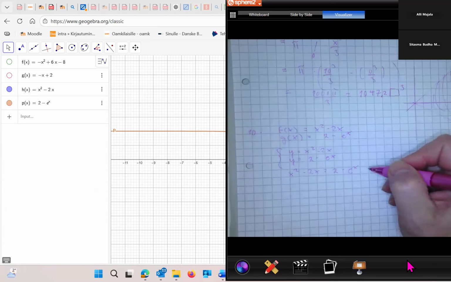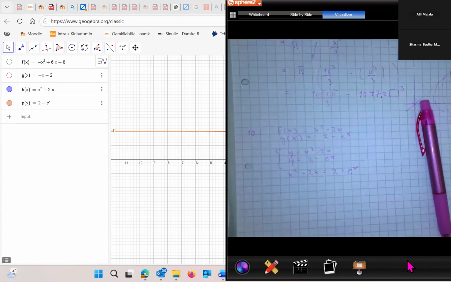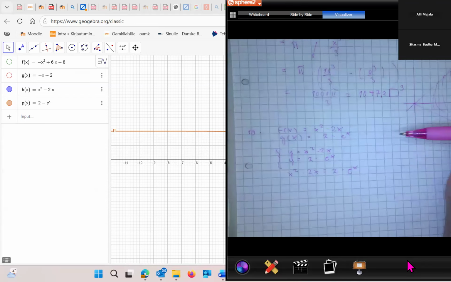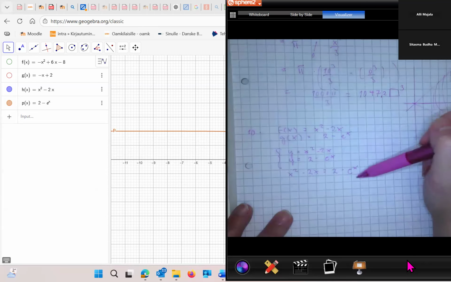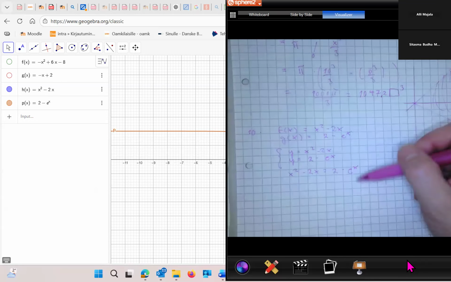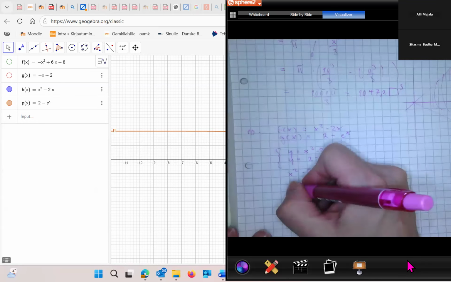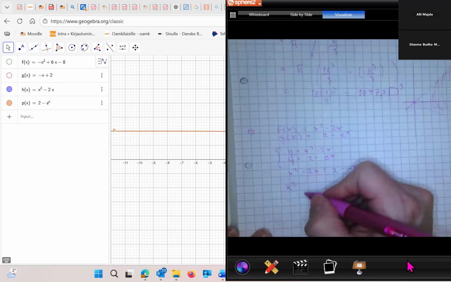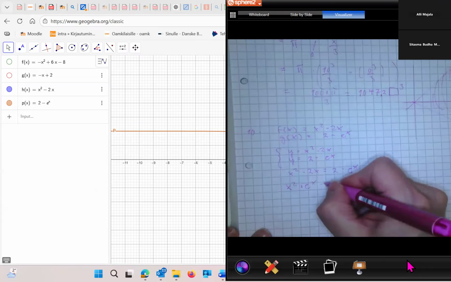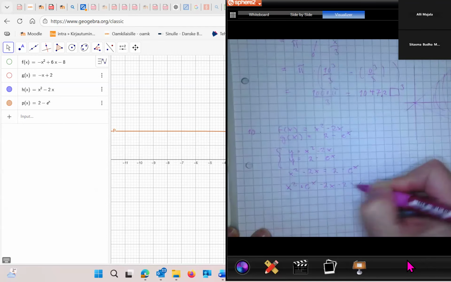So here I'm calculating where these lines would have the same value of y, the same value of the function with the certain x coordinate. And now I could move everything to one side and I would have plus e to the power of x minus 2x minus 2, equals 0.